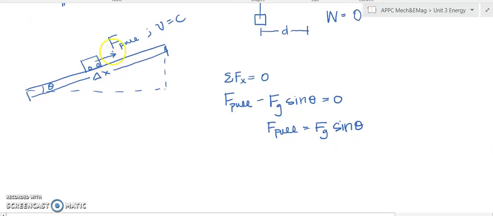So then how much work would that pulling force do? Is the pulling force parallel to the delta x? Yes. So it would be Fg times sine theta, all times delta x.